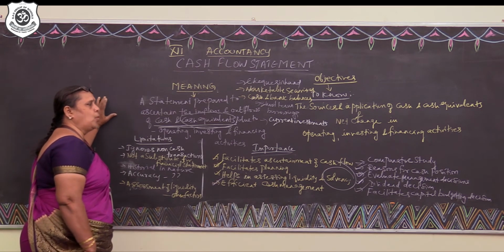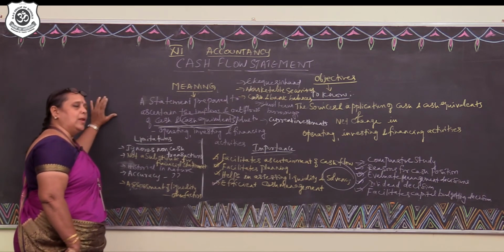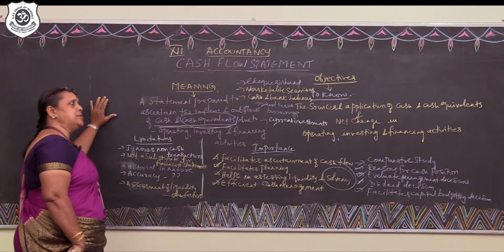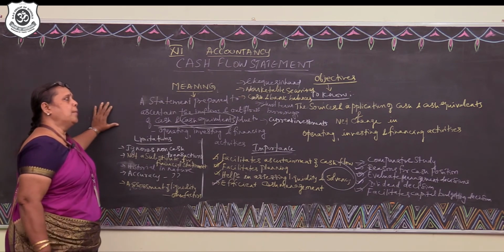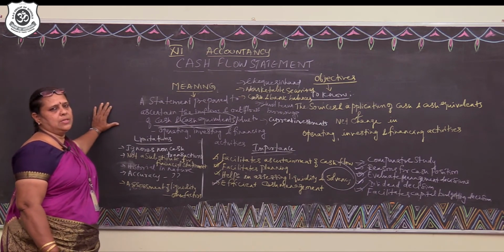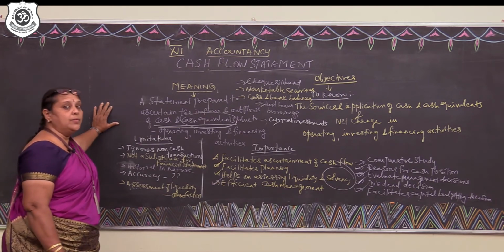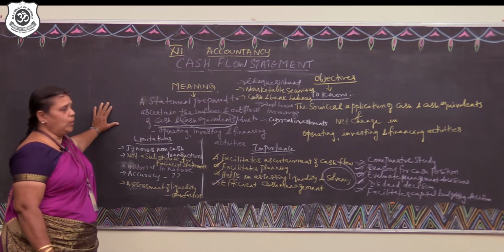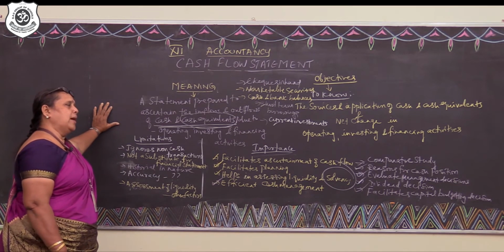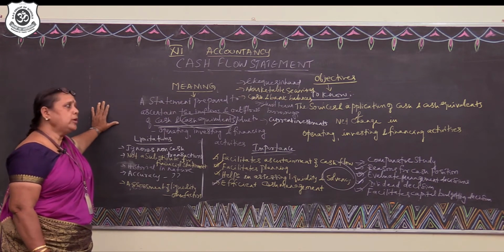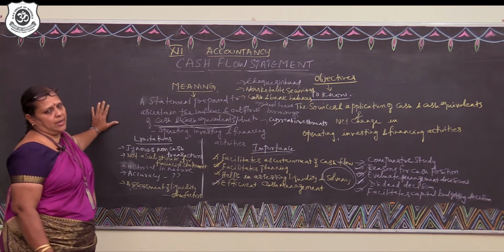Then we discussed what you mean by cash equivalents, or what are cash and cash equivalents. So the examples are cheques in hand, marketable securities, that means the securities in shares, say debentures, etc., which can be converted into cash easily. So marketable securities, cash and bank balances, short-term borrowings and current investments.